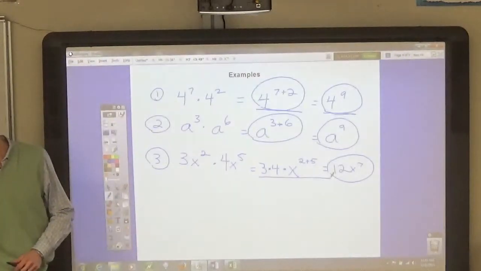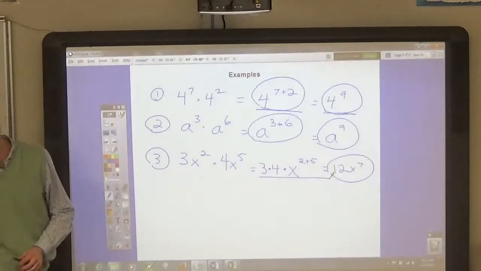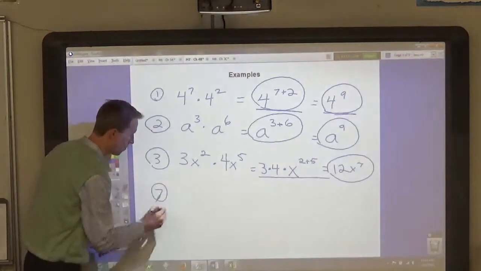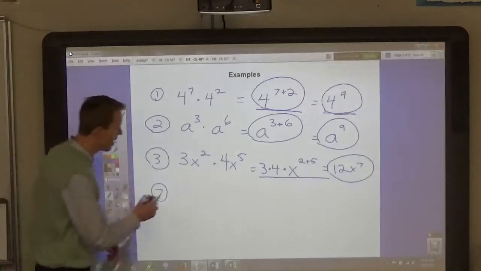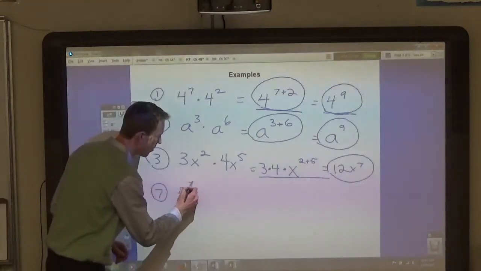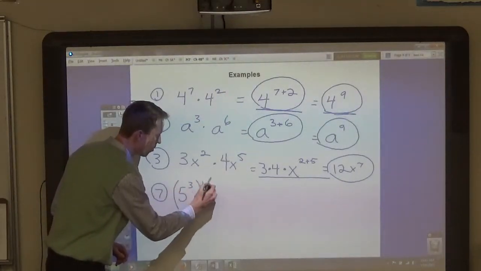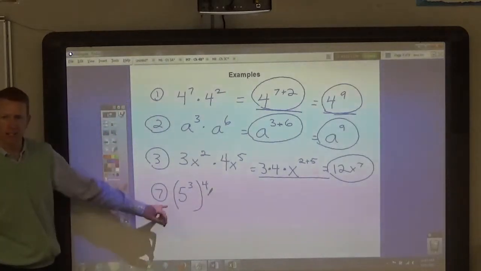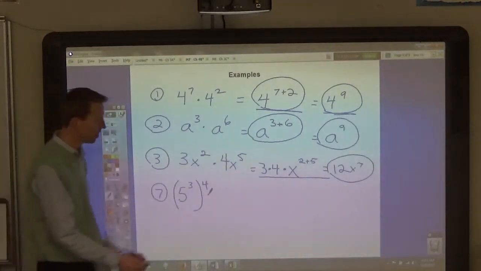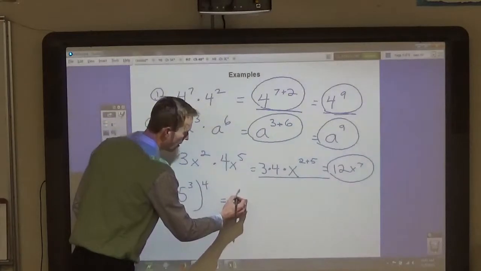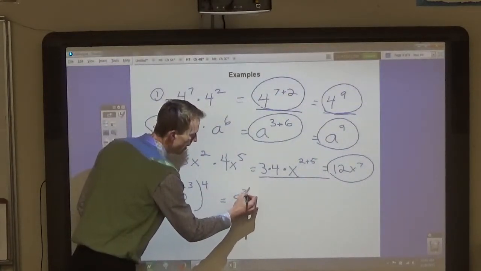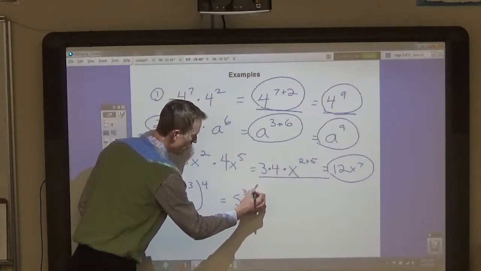Then let's skip down to number 7. Number 7 has 5 to the 3rd to the 4th power. This is a lot like the example you put in your notes. That equals 5 to the 3 times 4.